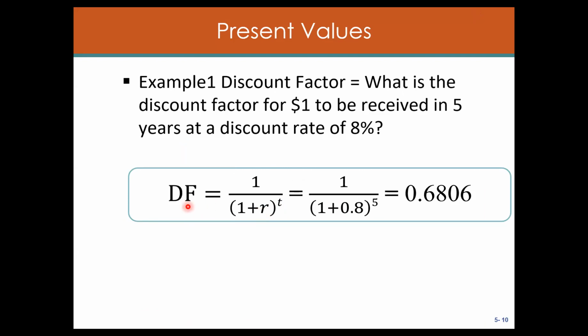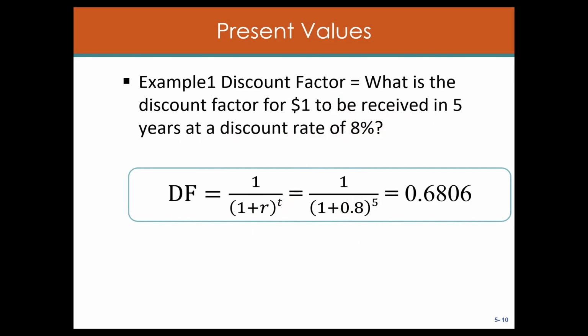So 1 divided by (1 plus r) to the power t, 1 divided by 1.08, this will be 0.08. 8% is 0.08, not 80%. Please correct it. So 1.08 to the power 5, and that should be equal to 0.6806.